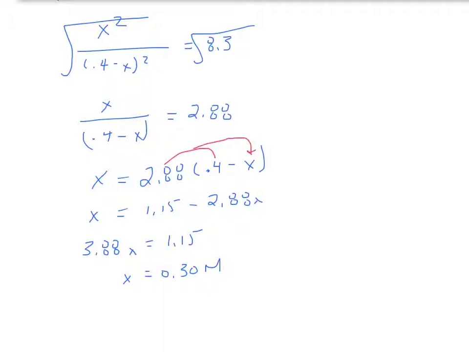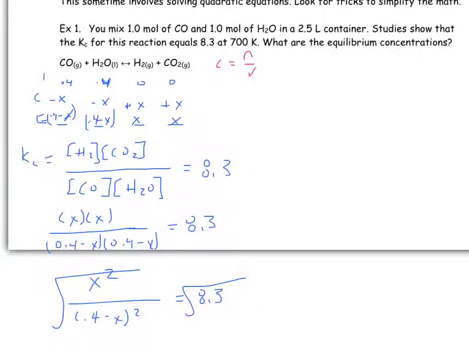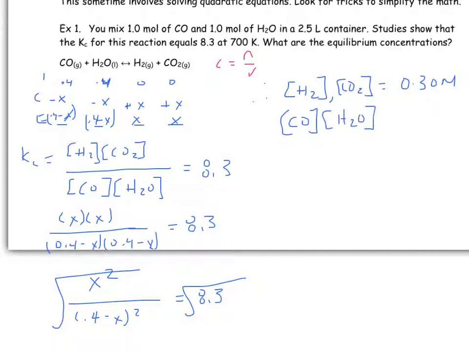I then can take that value and sub it back into my ice table. The concentration of my hydrogen and my CO2 at equilibrium is defined as being x. The concentration of my CO and my water is defined as being 0.4 minus x.